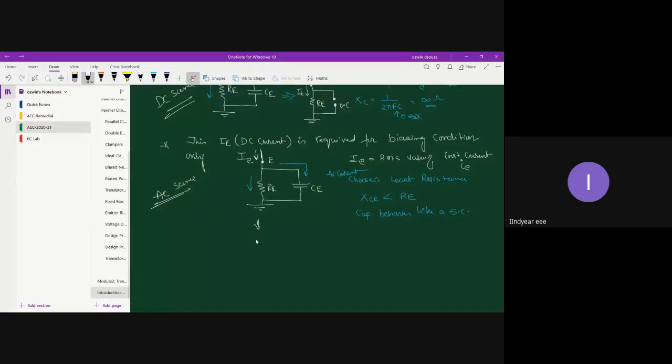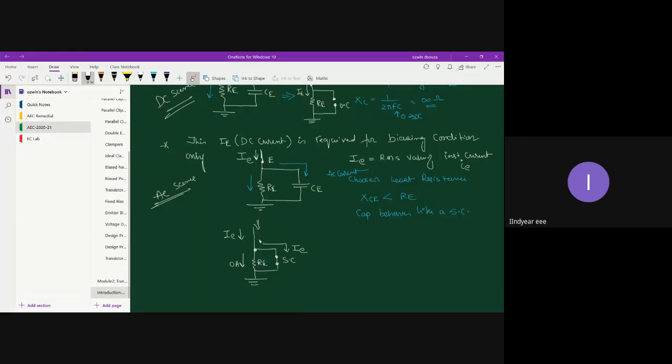Hence, this is what the circuit looks like for an AC signal. This is the short circuit, so your entire AC current flows through it. This is your incoming AC current and this is your outgoing AC current. So the current component through RE is 0 ampere.